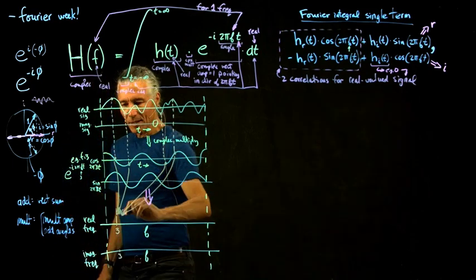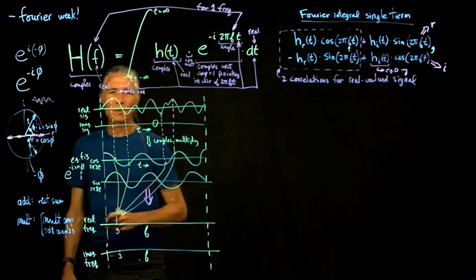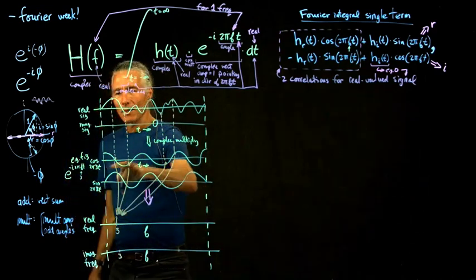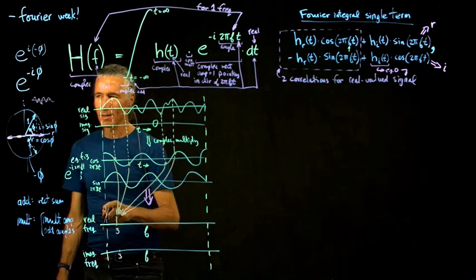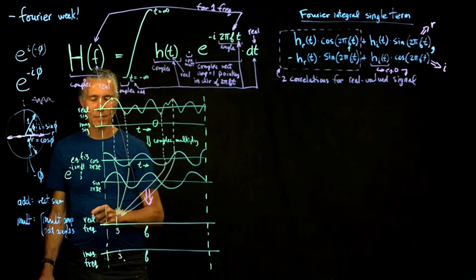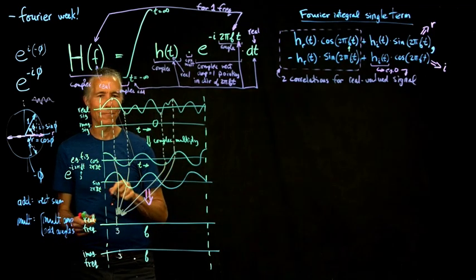So when we correlate with the cosine, we get a single number, which is the real component of the Fourier transform at that frequency. It's not a complex number, just one number.